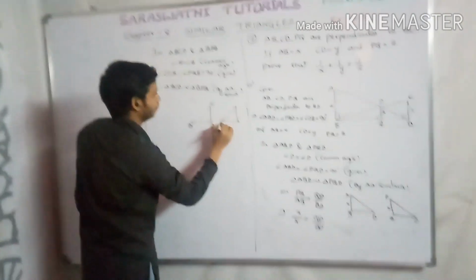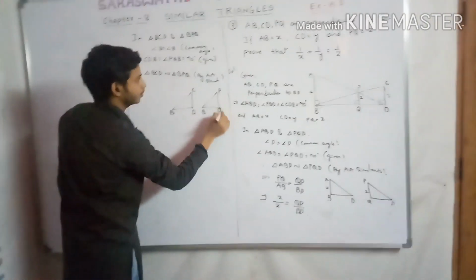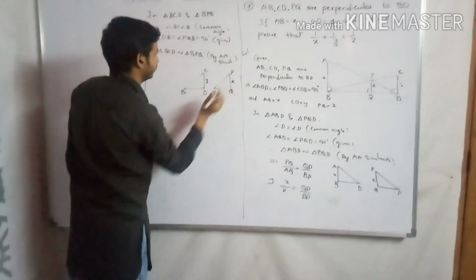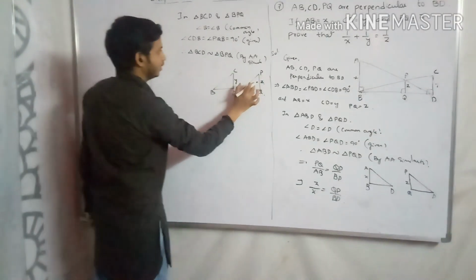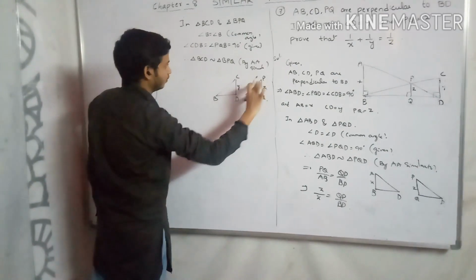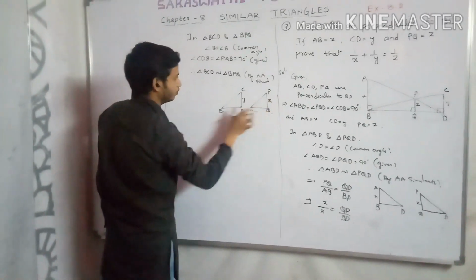BCD and BPQ. CD value is given as Y, and PQ value is given as Z. Since these two triangles are similar, the ratio of corresponding sides is always equal. That means PQ by CD equal to BQ by BD.